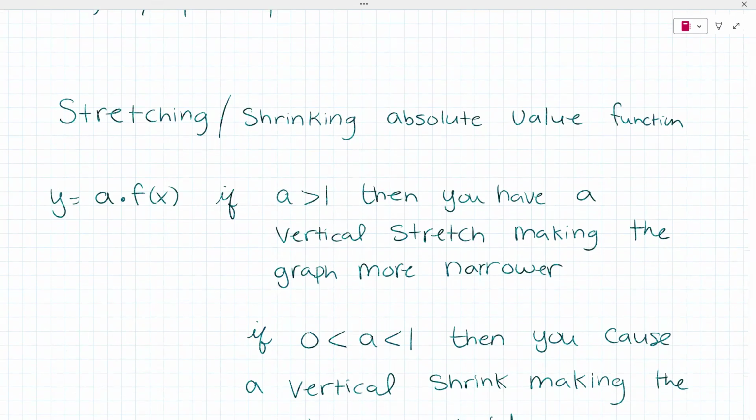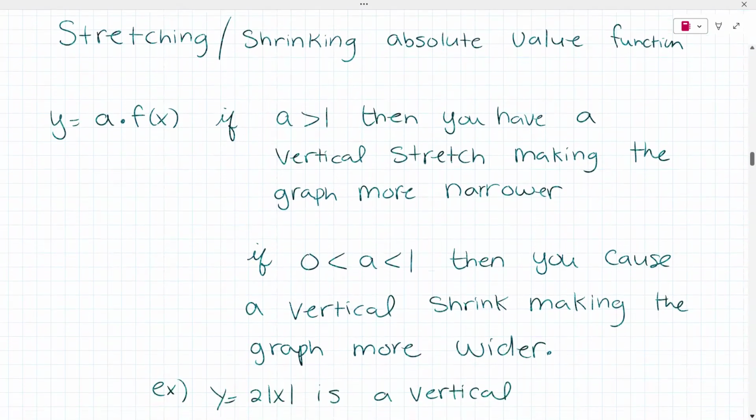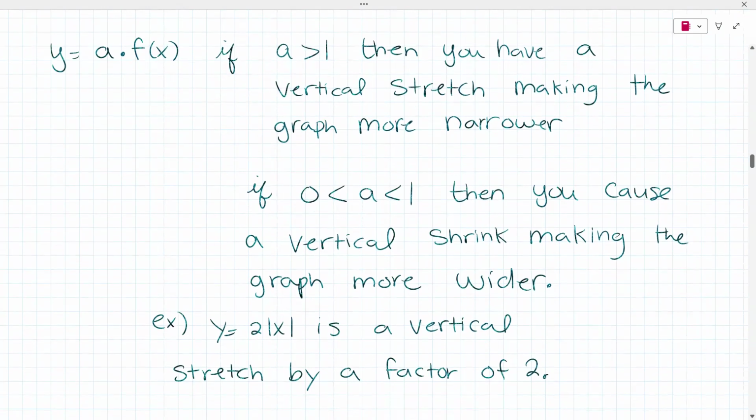So the larger the a value, the more narrow it gets. I know that's really strange. And if your a value is less than 1 but greater than 0, then you have a vertical shrink, making it more wide. So that's also strange, that a smaller a value will make it wider.